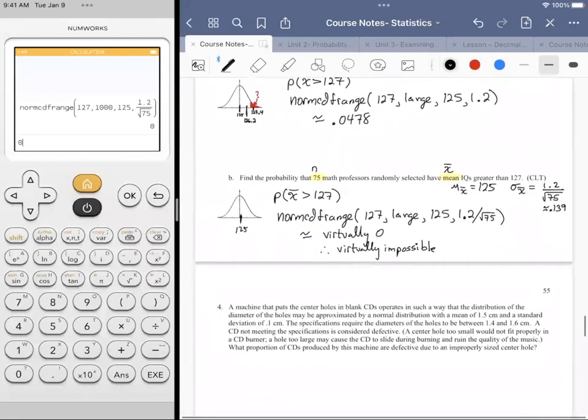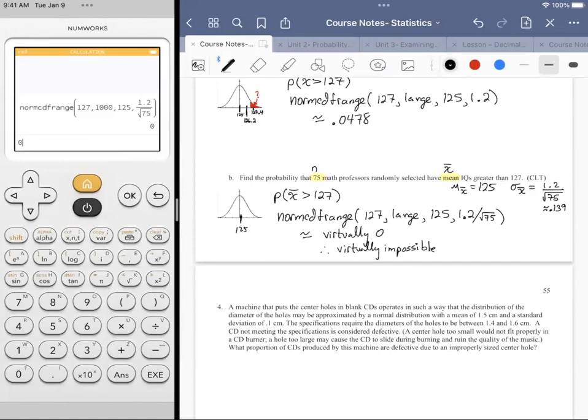Unless there's some context that makes you believe this, it's almost never going to be exactly equal to 0, because there is the possibility that if you go around sampling math professors, there's enough of them that you can find groups of 75. Maybe you'll find one entire group of 75 math professors whose average IQ is above 127.